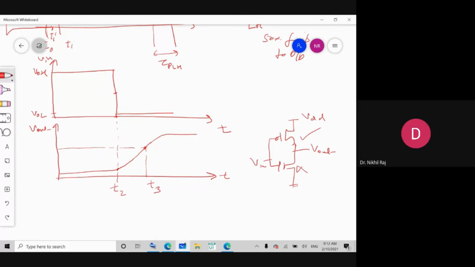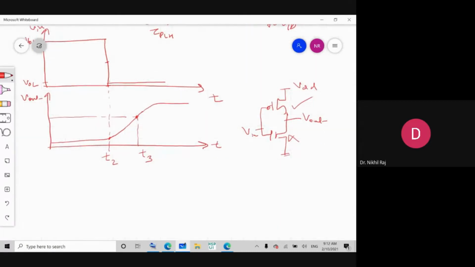So PMOS will draw, and when PMOS is on we'll write the equations. What will be VSG of P? VS is VDD, minus VG of P. VG of P is nothing but V in. And what is VSD of P? It is VDD minus V out. So at T2, what happens?